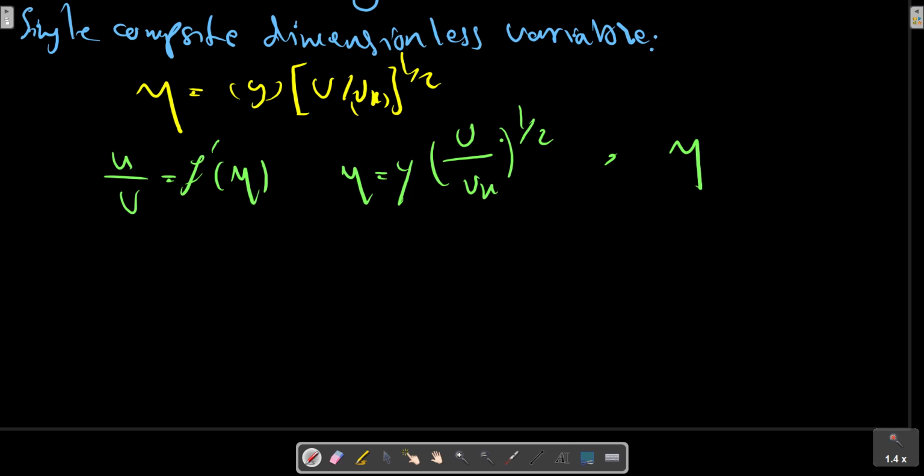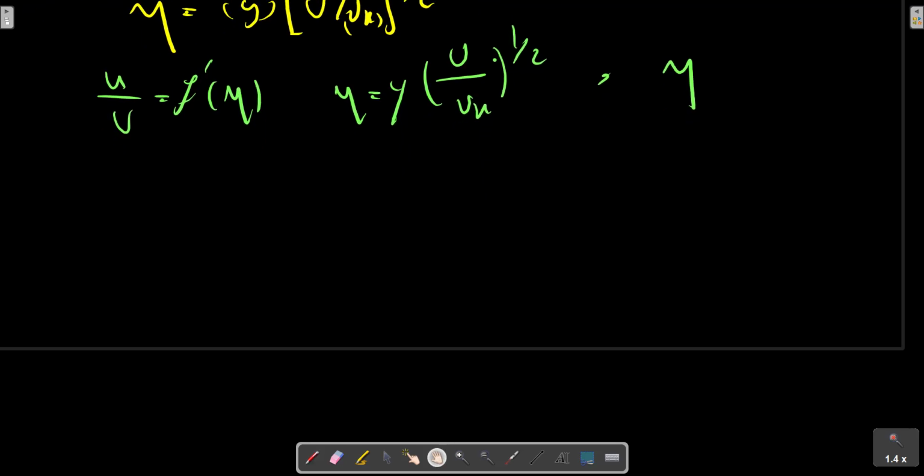Substitution of this into the boundary layer equations for the x and y directions. For example, we had this relation for the equation of the boundary layer introduced before.